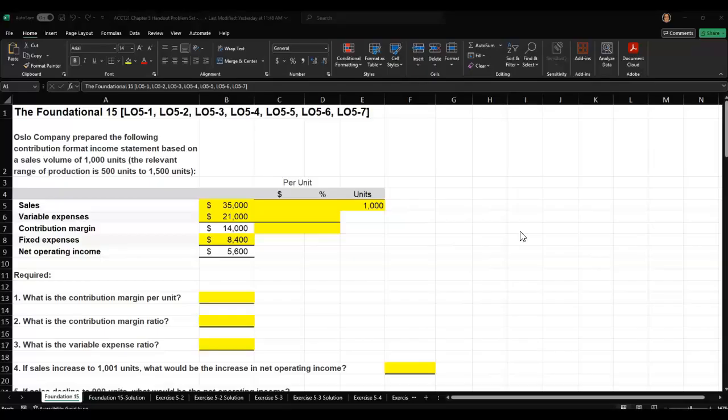Now, one of the things that I really do want y'all to think about is simply this. Back in ACC 120, in chapter 6, that was the chapter where we introduced merchandising, right? And we added that multi-step income statement.